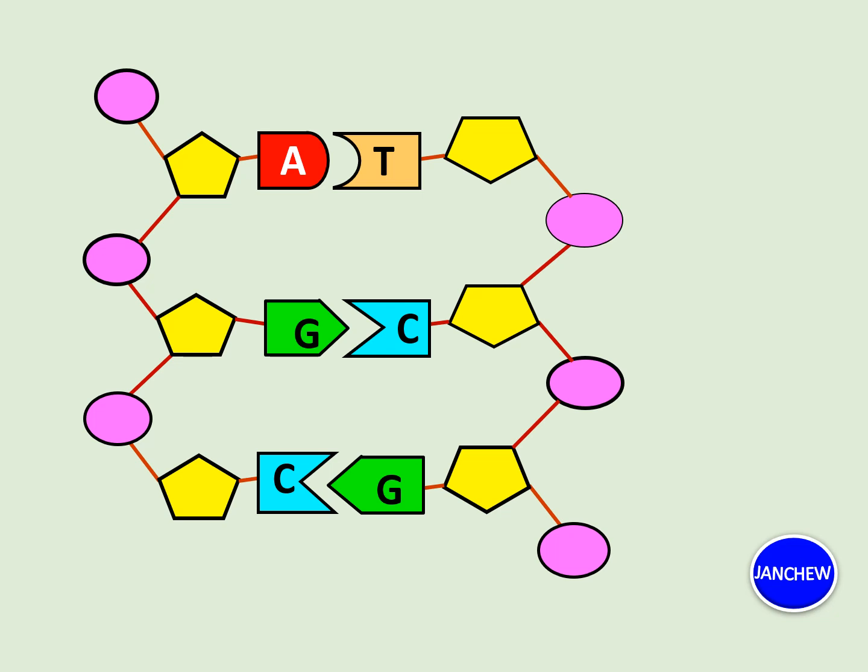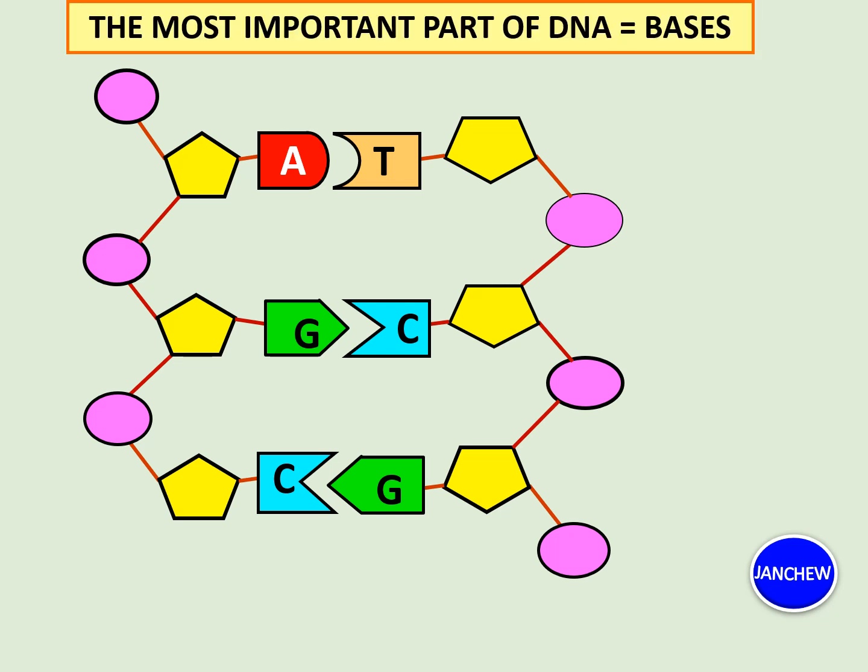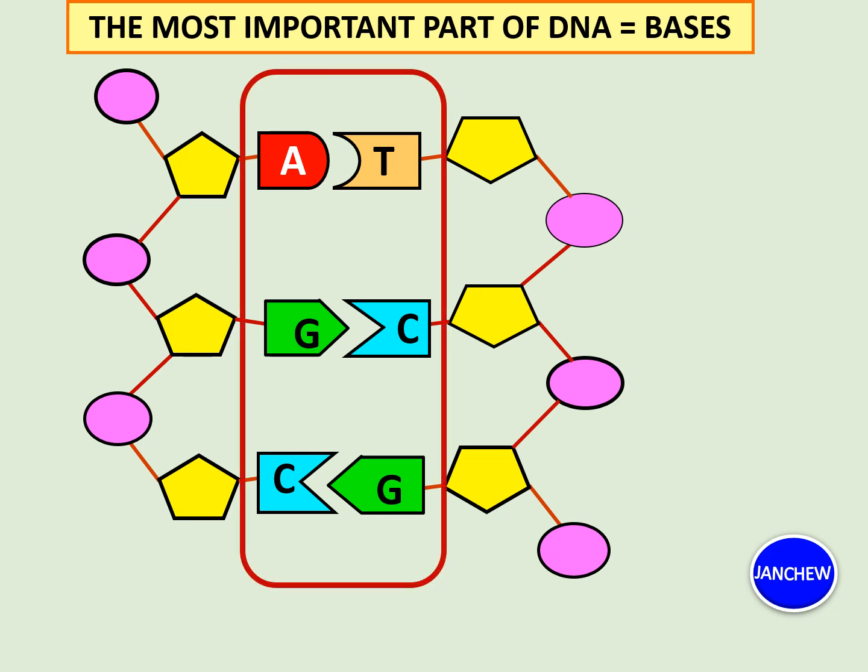Now, in the DNA molecule, which is the most important part? Is it the phosphate group, the pentose sugar, or the base? Yes, the most important part is the sequence of bases in the center part of the DNA molecule.